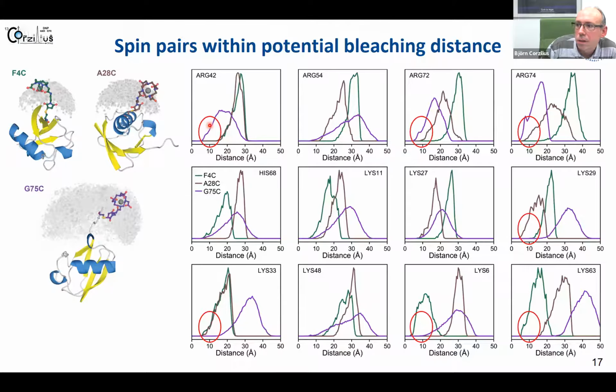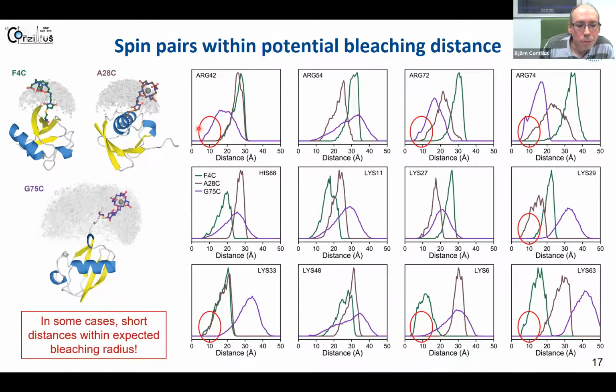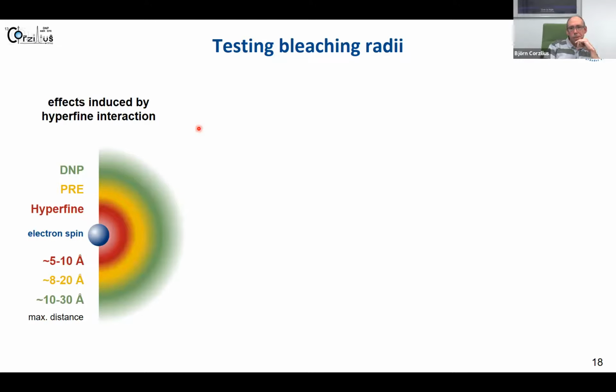The statistical weight of these conformers in the final ensemble is much larger than that of the conformers with longer distances. So we over-exaggerate these conformers where we do not expect to see them actually. We have to exclude those, and for this we tested different bleaching radii.